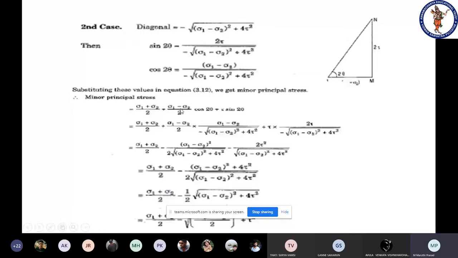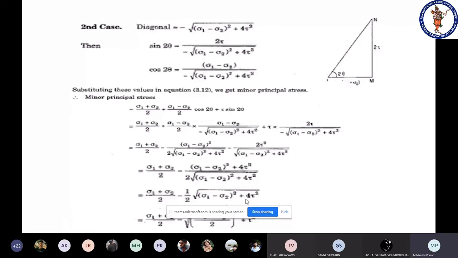By solving that equation, ultimately the final expression is sigma 1 plus sigma 2 by 2 minus half into root of (sigma 1 minus sigma 2) whole square plus 4 tau square. This is the minor principal stress.